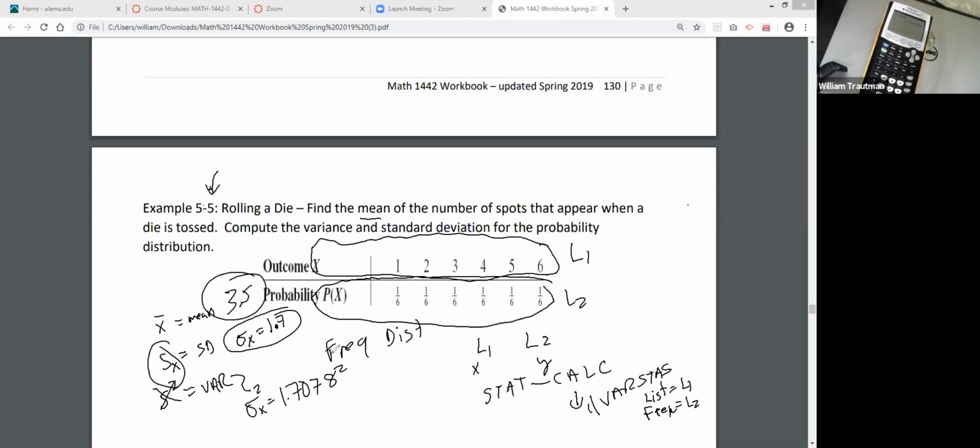If I just take it to one decimal place, my variance is 2.9. So we have our mean, our standard deviation, and our variance. There's nothing new here. Just put it in list 1, list 2, and we're good to go.